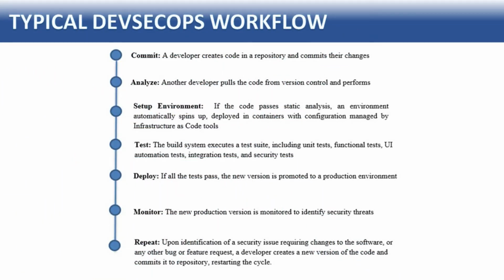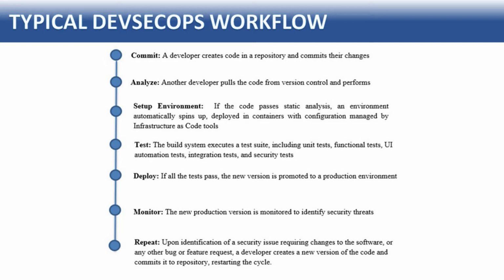Okay, now let's move on to the typical DevSecOps workflow. As discussed in the DevSecOps guide by Aqua, here is the typical DevSecOps workflow. First one is commit. Commit is where a developer creates code in a repository and commits their changes.